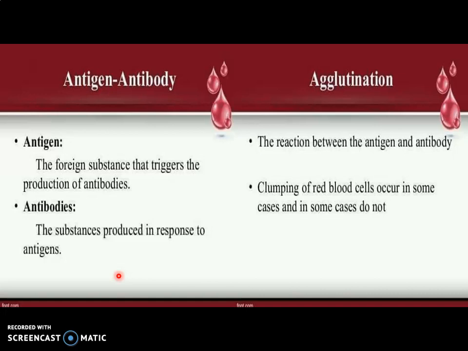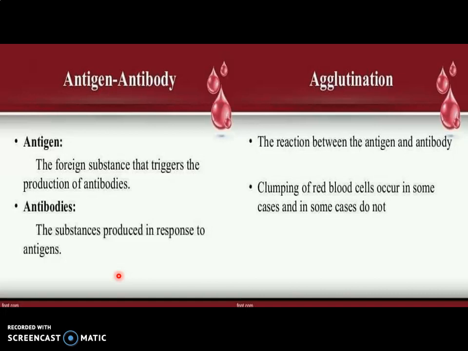What is agglutination? You see these terms? Note these terms, understand them very well. They are very, very important. Agglutination: when an antigen reacts with an antibody, agglutination will occur.